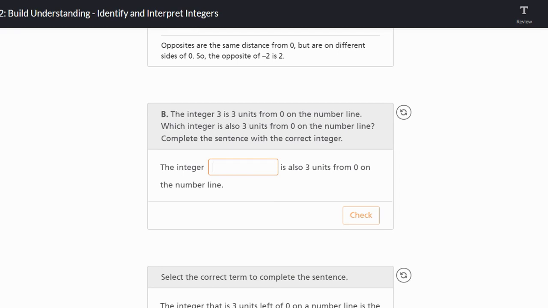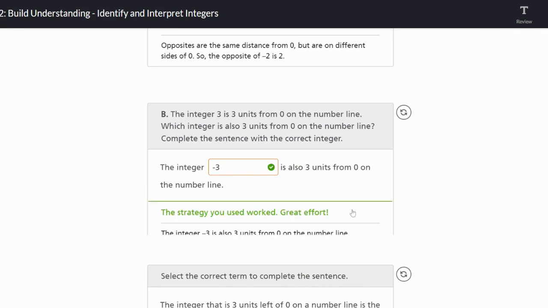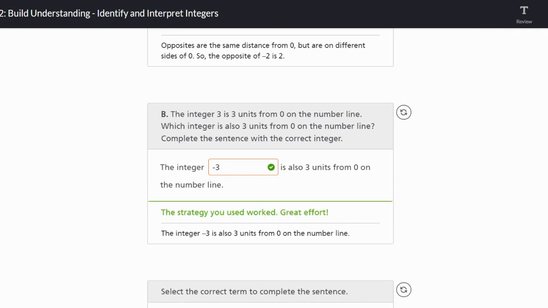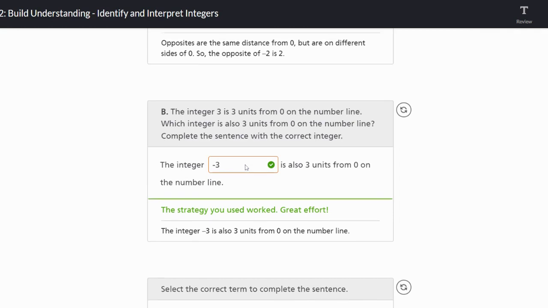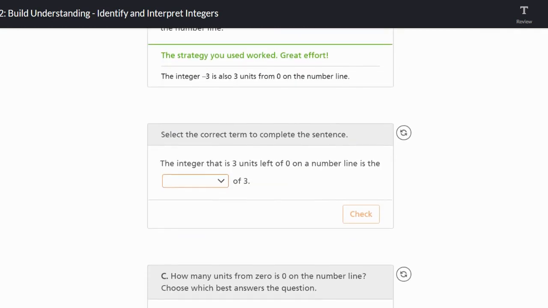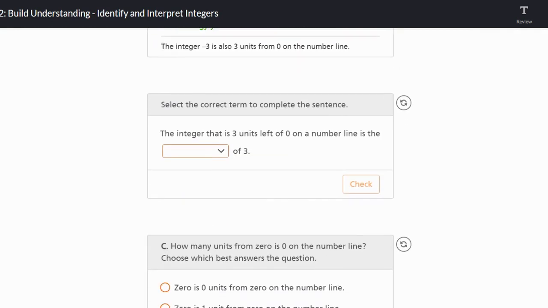Okay, so we know 3 is 3 units from 0 on the number line. What else would be 3 units from 0? Well, -3 would also be 3 units from 0. The opposite of 3 would be the same distance. So let's find the correct term.